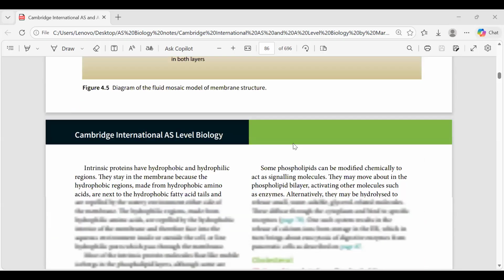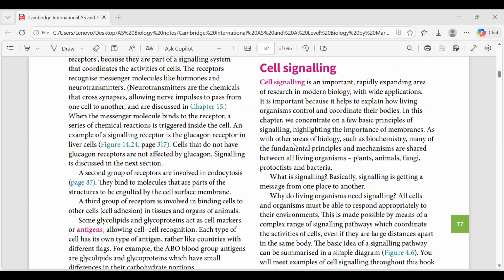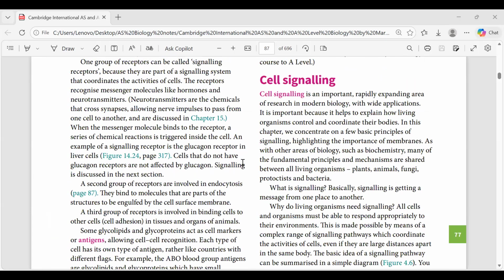Okay. Now, in cell signaling, when we talk about signals, it is about how a cell will respond to anything which is far away from that particular cell. Like the signals, how we behave according to the signals.